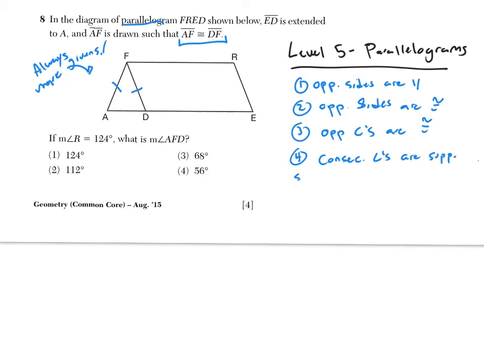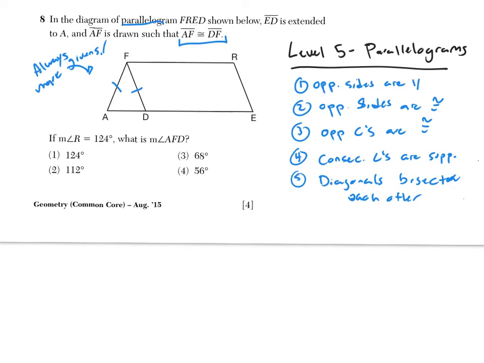And then finally, 5, the diagonals bisect each other. All right? Do we need all of this information for this question? No, but it's good to review the properties whenever we can.